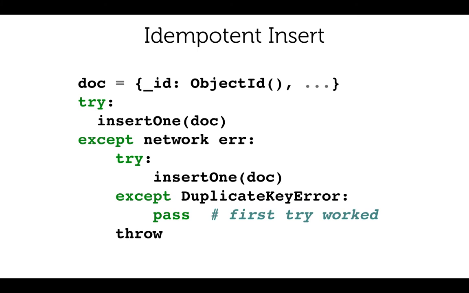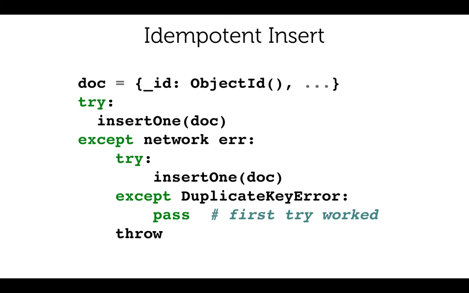And if that fails with a network error, then you try it again. If that second attempt fails with a duplicate key error from the server, then we know that the first try actually succeeded. We were just unable to read the server response because of the exception from the network layer. If anything else goes wrong, then we cancel the operation and throw an exception.